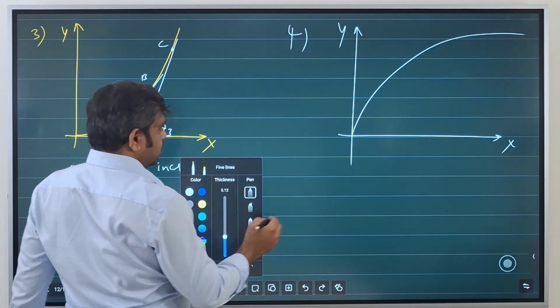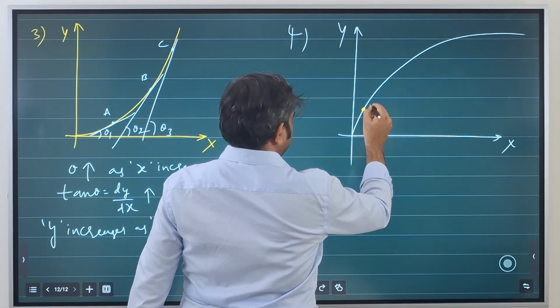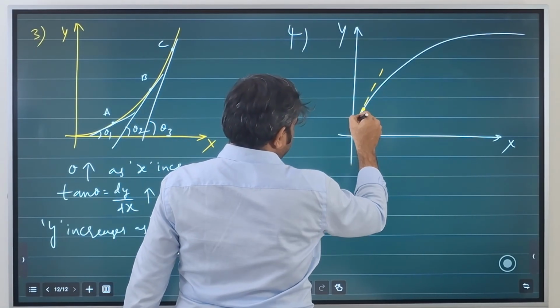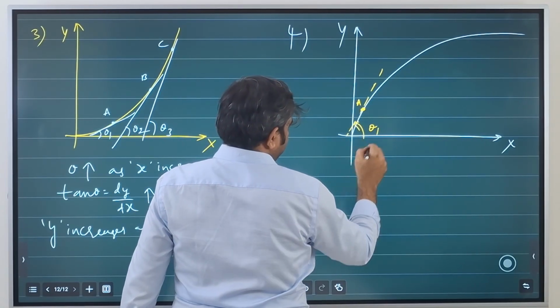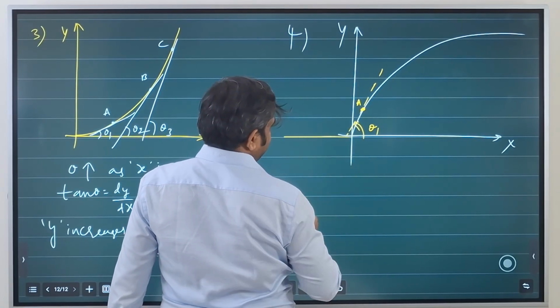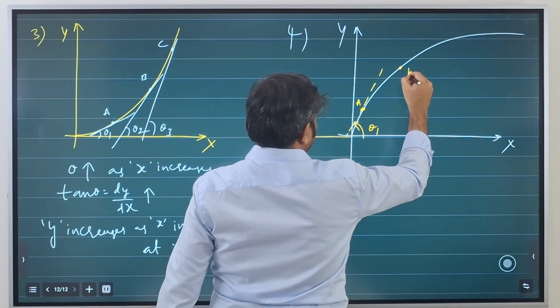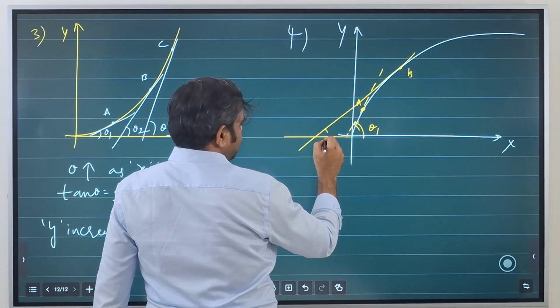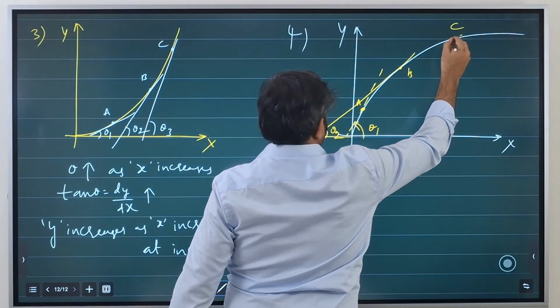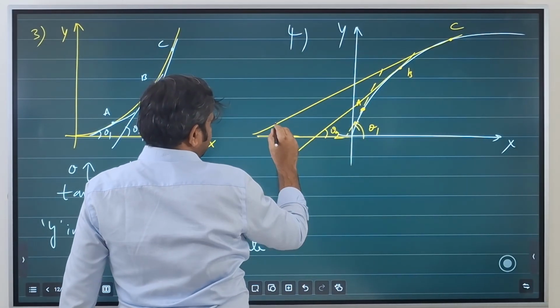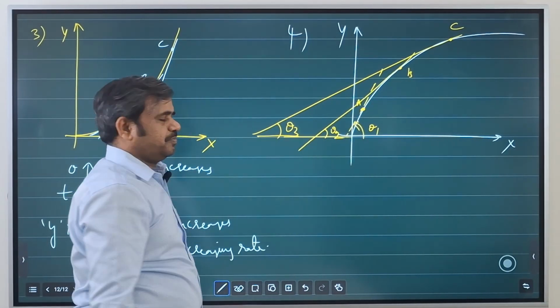If you draw tangents at different points, draw tangent at say point A. Look at the angle with positive x-axis. Draw tangent at B. Look at the angle made by the tangent with positive x-axis. Draw tangent at C. Look at the angle made by the tangent with positive x-axis.